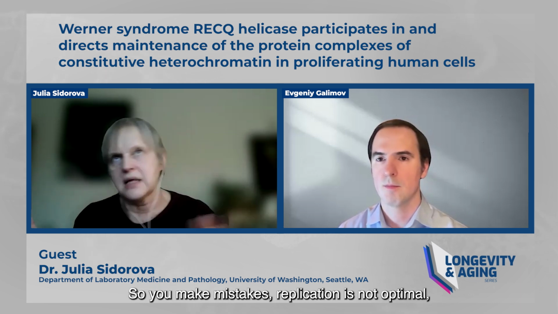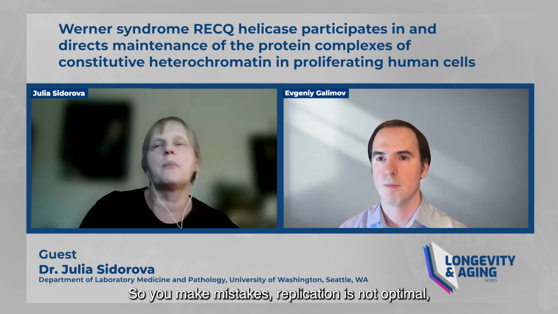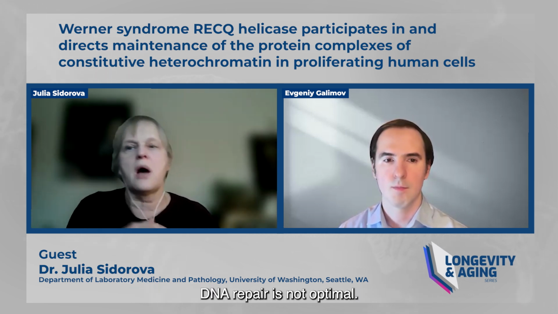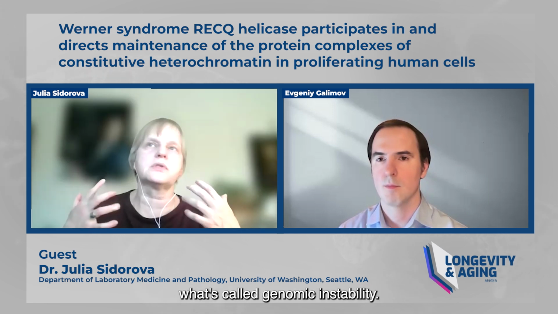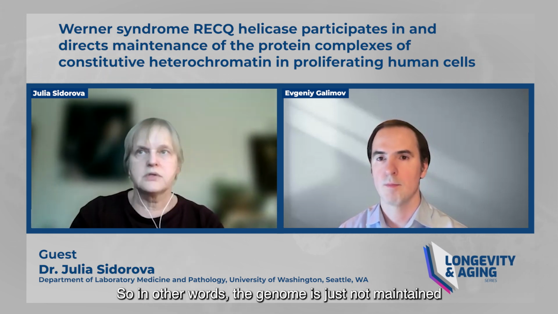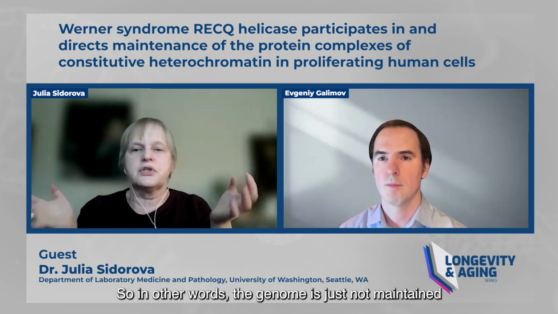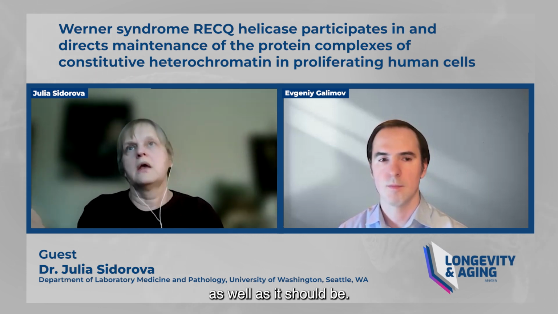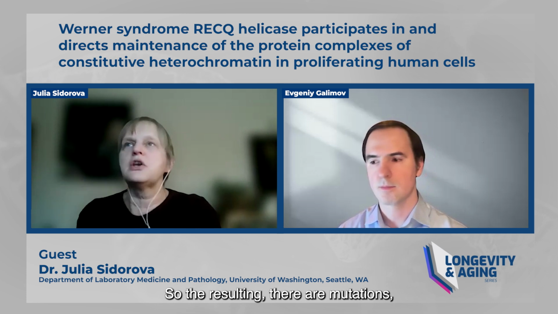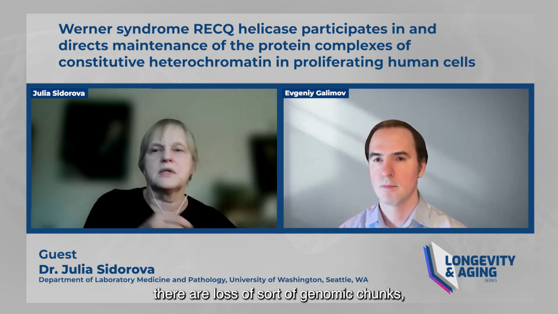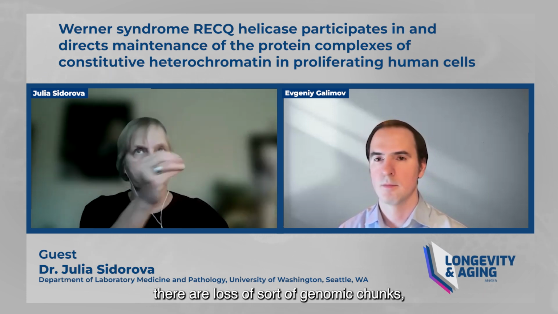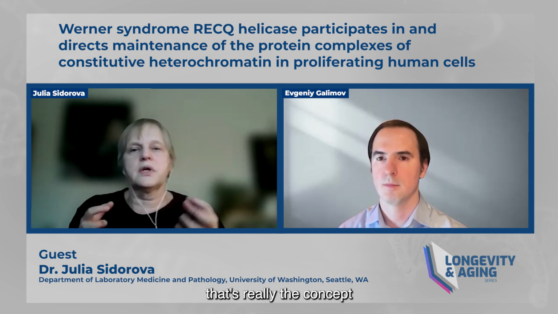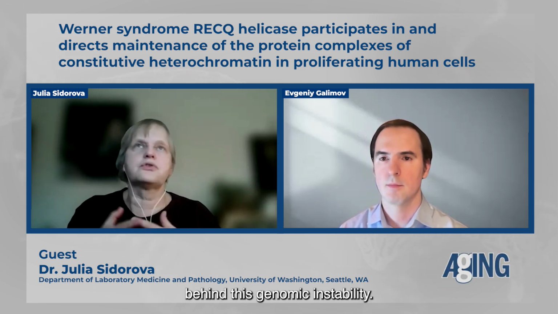So you make mistakes, replication is not optimal, DNA repair is not optimal. The result of this is what's called genomic instability. In other words, the genome is just not maintained as well as it should be. So there are mutations, genomic rearrangements, loss of genomic chunks. That's really the concept behind genomic instability.